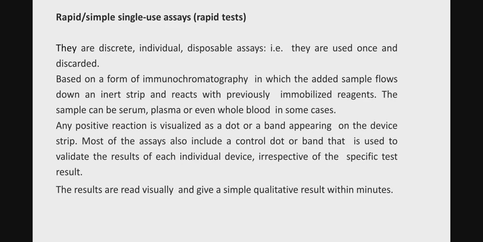Any positive reaction is visualized as a dot or a band appearing on the device strip. Most of the assays include a control dot or band that is used to validate the result of each individual device, irrespective of the specific test result. The results are read visually and they give a simple qualitative result within minutes. So in small laboratories, the rapid tests are very prevalent.